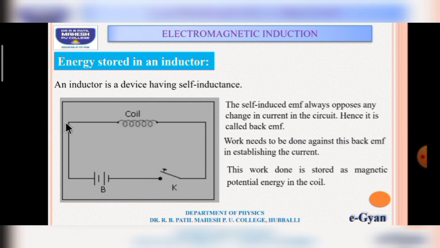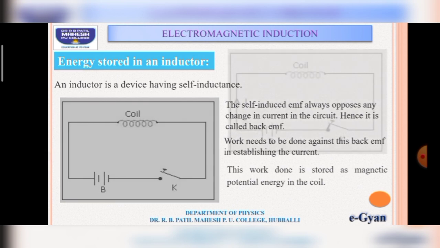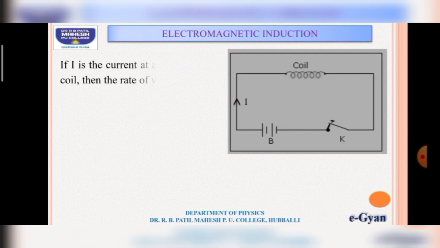We need to do work against this back EMF to establish a current in the circuit, and this work done is stored as magnetic potential energy in the coil.